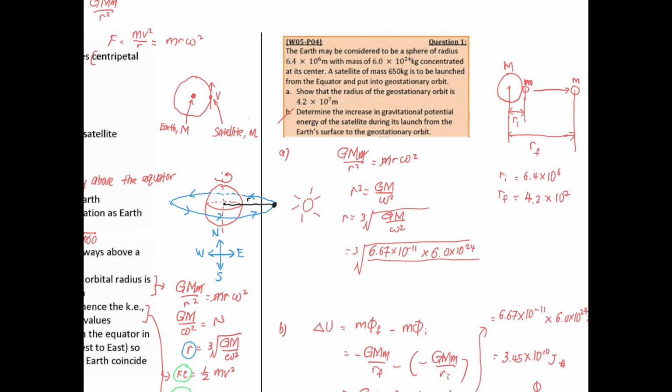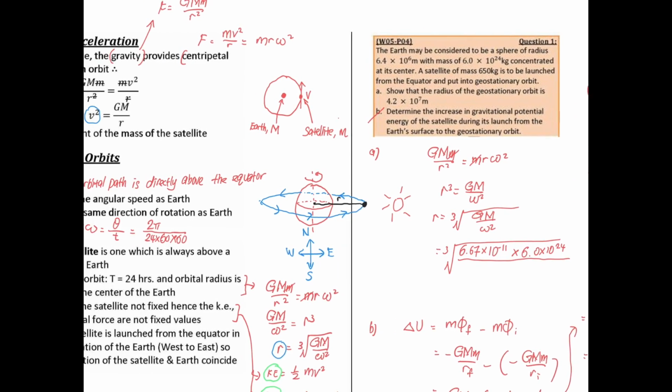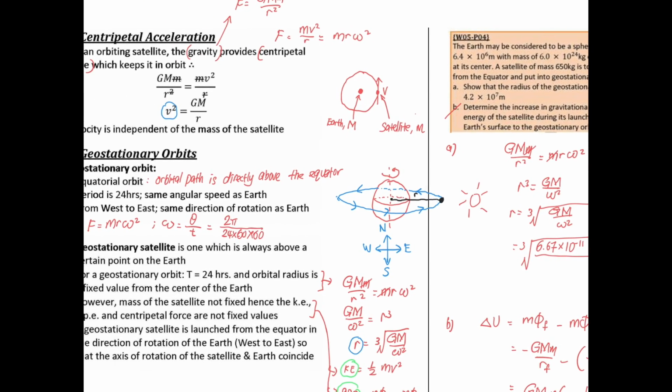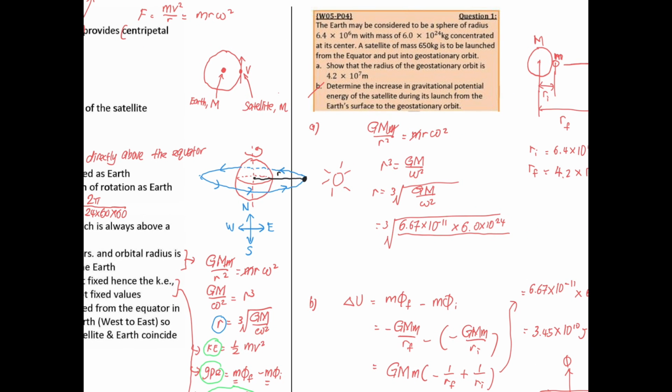At the bottom we have to count omega. The calculation of omega I already showed just now in the Earth, on the left hand side. Omega is 2 pi over T, T is 24 times 60 times 60. So that is omega. Now we put that value at the bottom: 2 pi over 24 times 60 times 60, then we square it.